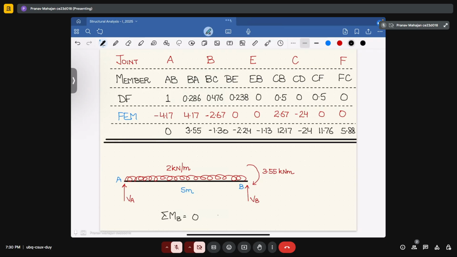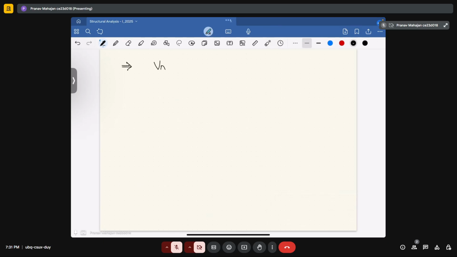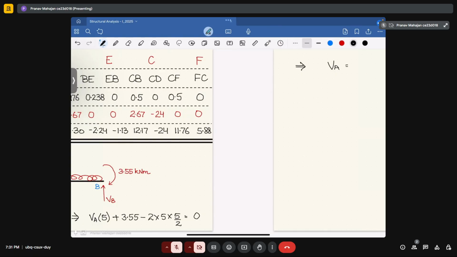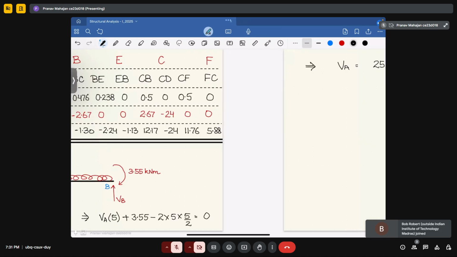If we take that, we'll get VA into 5, plus 3.55, and then minus 2 into 5 into 5 by 2 equal to 0, and that will give me the value of VA to be equal to 25 plus 3.55 divided by 5.